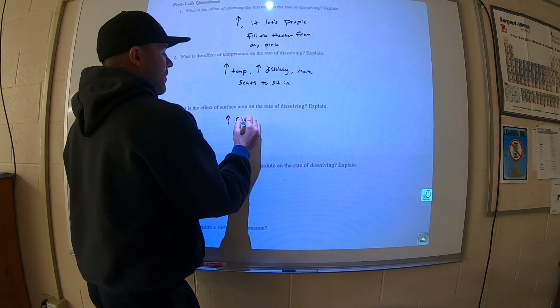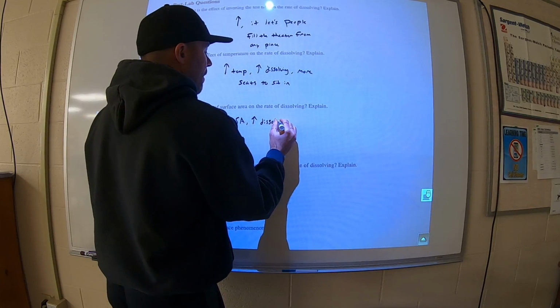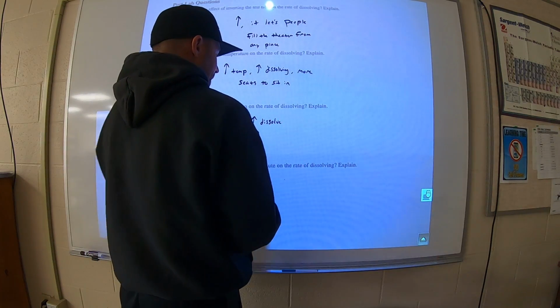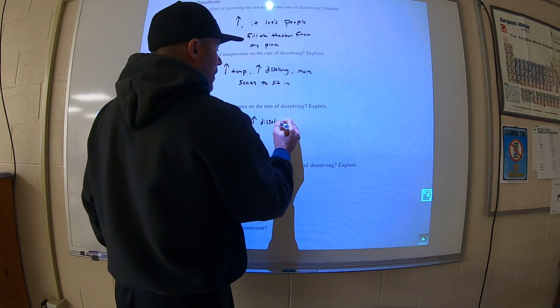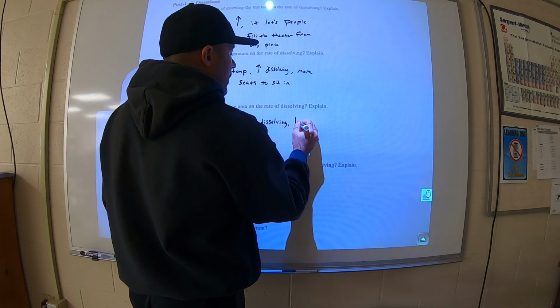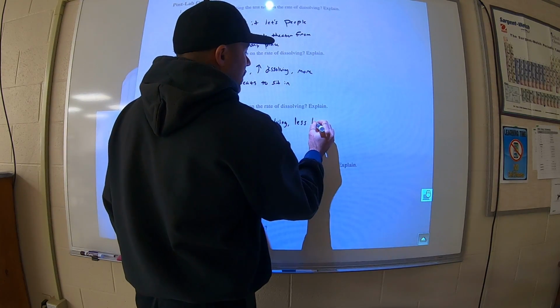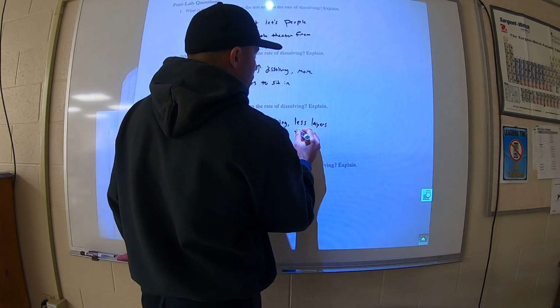The higher the surface area, the higher the dissolving. And the reason why, if you've got more surface area, you have fewer layers to dissolve.